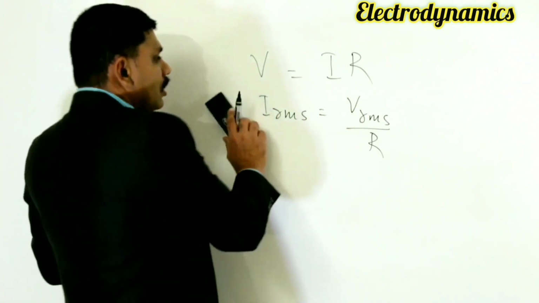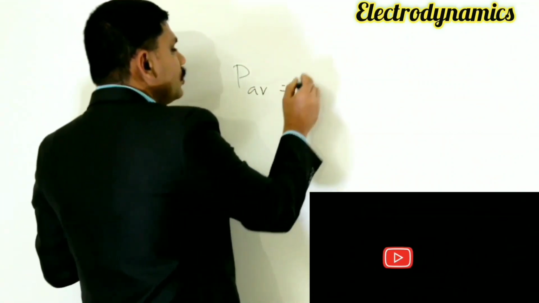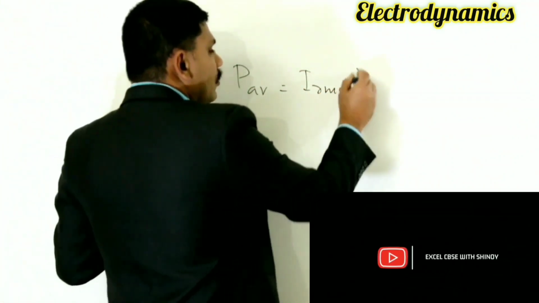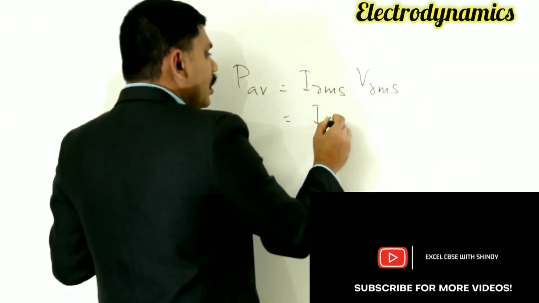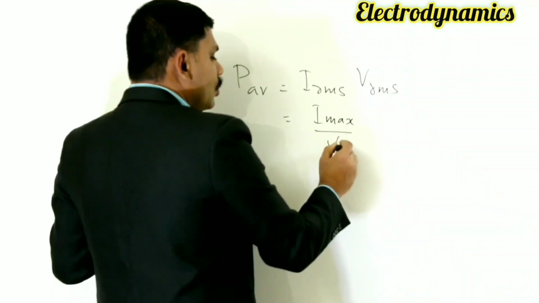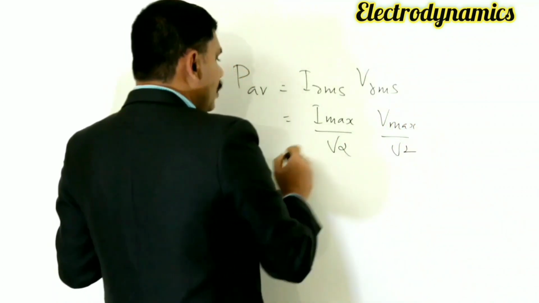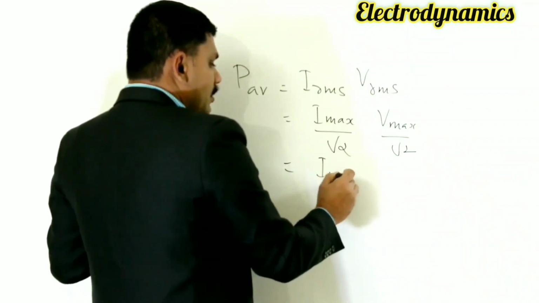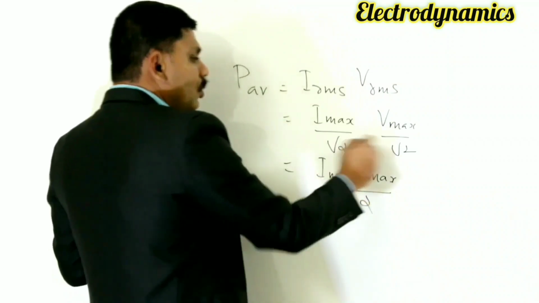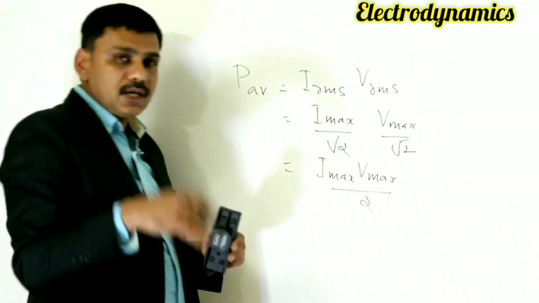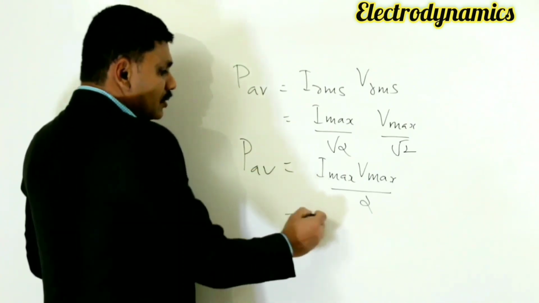So these are the main equations in the alternating waveform. Another equation you can use: P average equal to Irms Vrms. Instead of Irms and Vrms, you can use Imax divided by root 2 and Vmax divided by root 2. So it becomes Imax Vmax divided by 2, since root 2 multiplied by root 2 is 2.